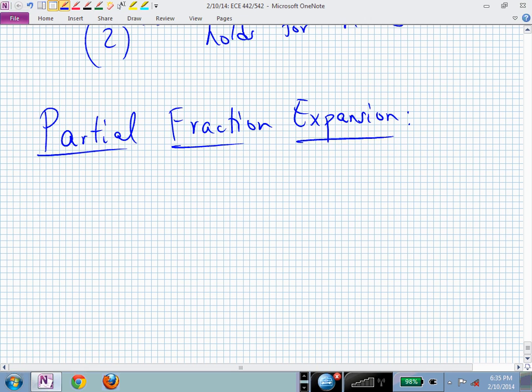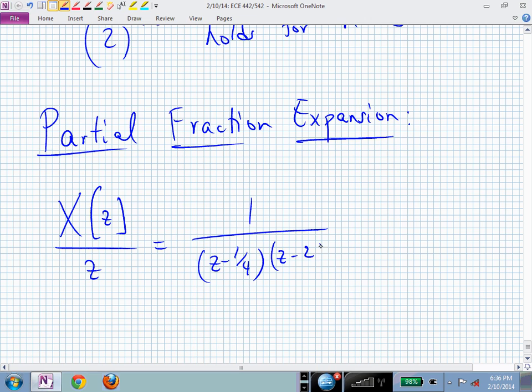So we want the partial fraction expansion of capital X of z over z. Capital X of z was z over z minus 1/4 times z minus 2 in the denominator, and by dividing by z, we just have 1 over z minus 1/4 and z minus 2.